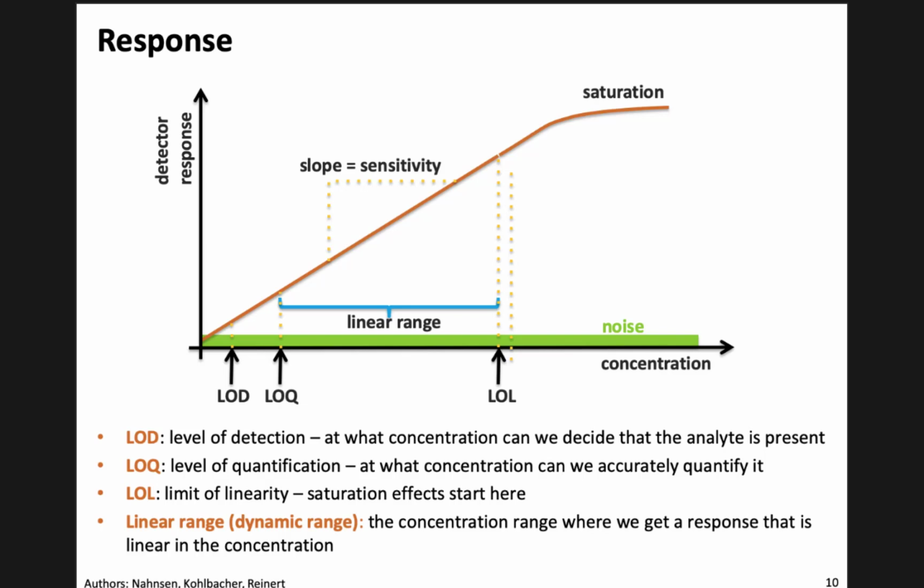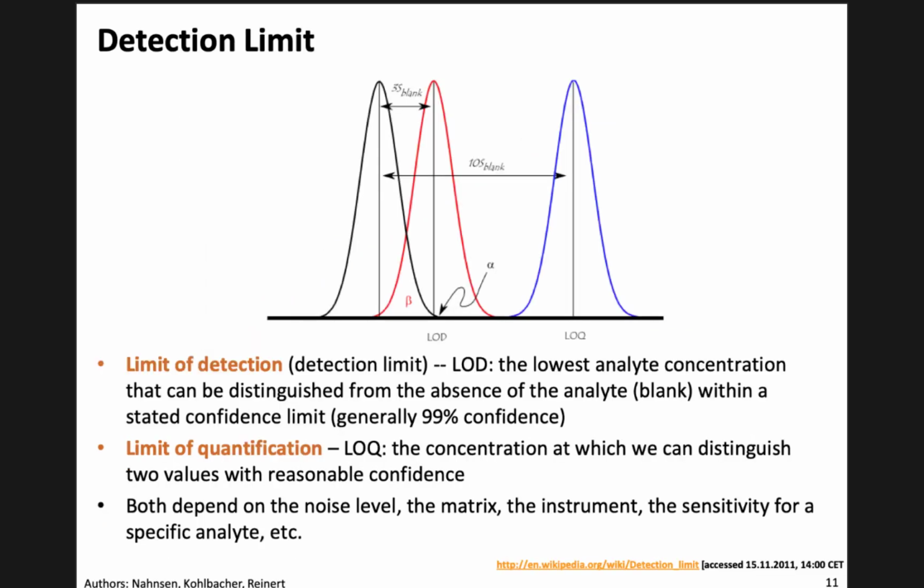And this limit of quantification actually implies that you have some sort of confidence. So you need to specify at which confidence you want to quantify, and then you can determine this limit of quantification. This detection limit, as has been pointed out, is related to this noise level.